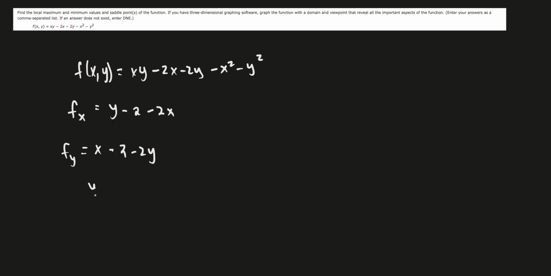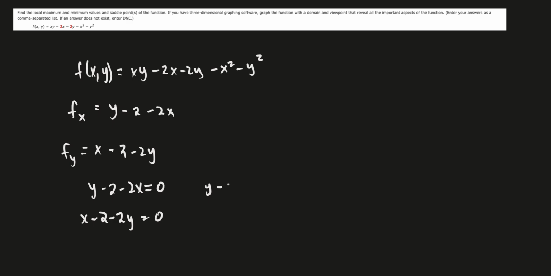Now we set these equal to 0. Effectively we set them equal to each other. If we set both of them equal to 0, we can do that, but what we will do instead is try to solve this as a system. The way we solve this as a system is we bring this 2 to the other side.